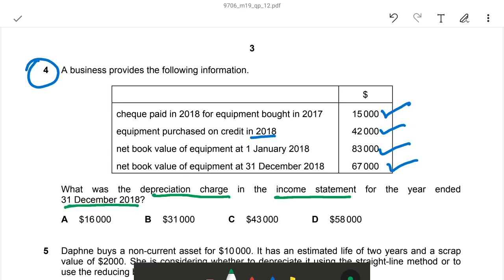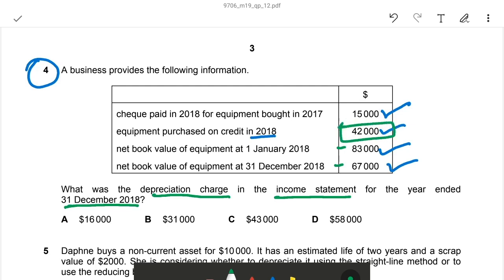Opening 83,000, closing 67,000. On the 1st January 2018, the accounting period, opening balance 83,000 and closing balance 67,000. During 2018, the business purchased one more equipment, 42,000.